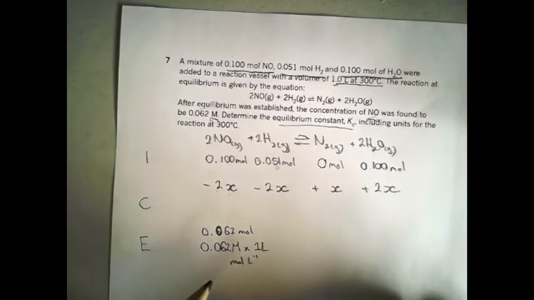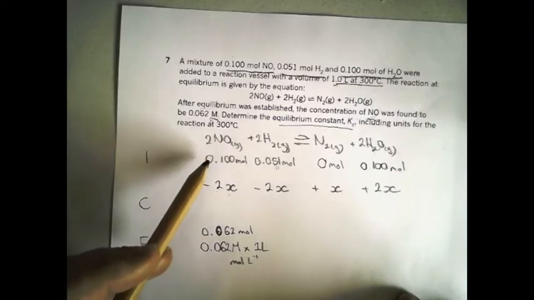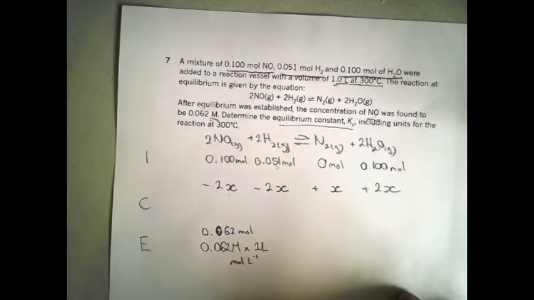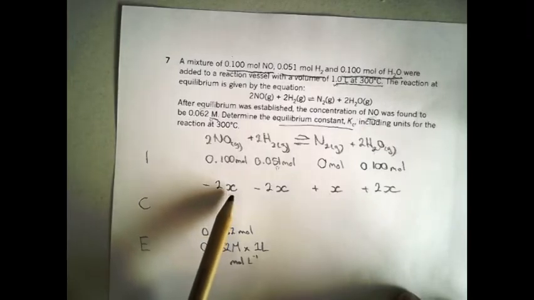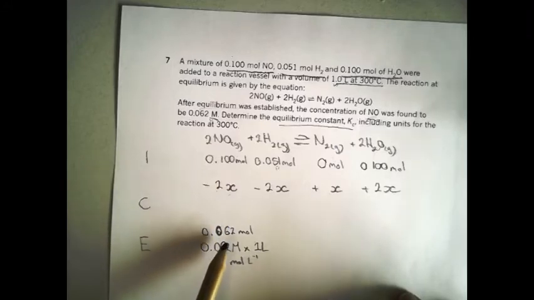All right, so how can we find X from all this? Well, we can, because we know that we started off with 0.1 mole. We know that we minus 2X, and then we ended up with 0.062.